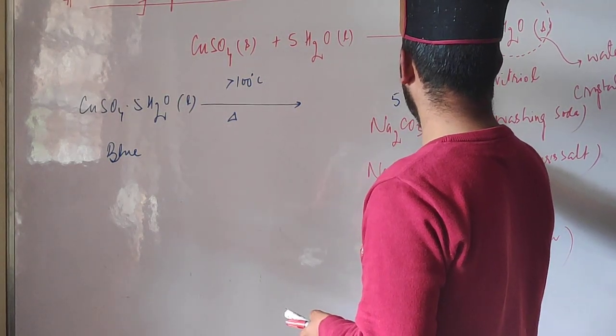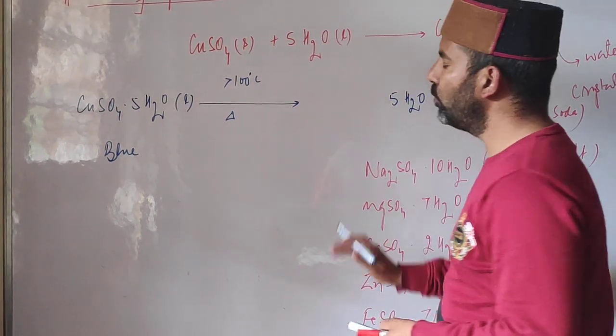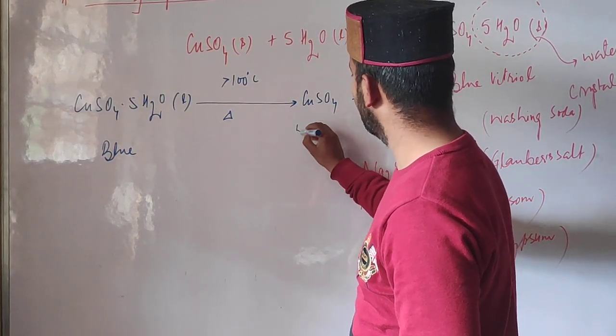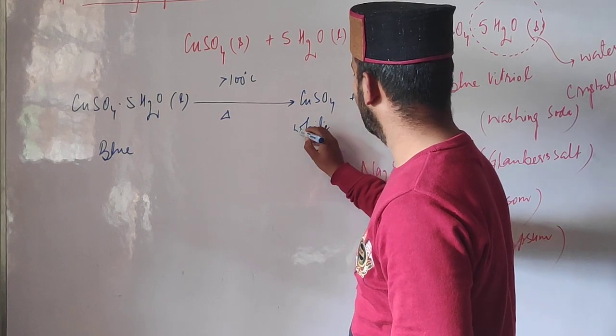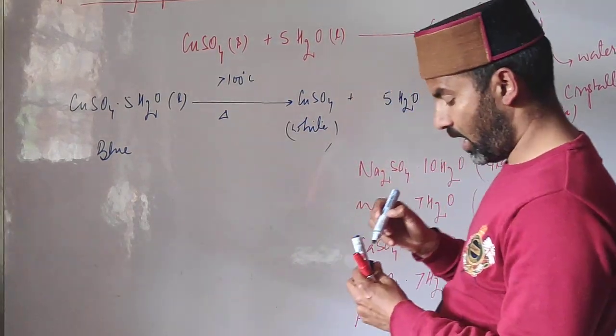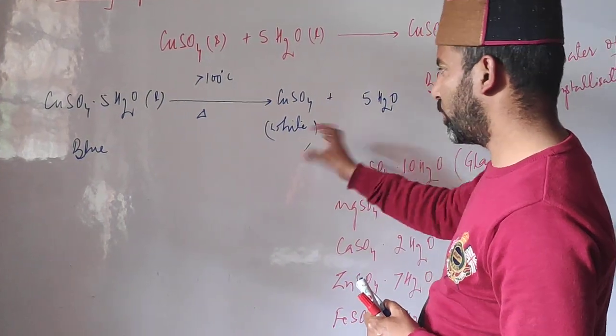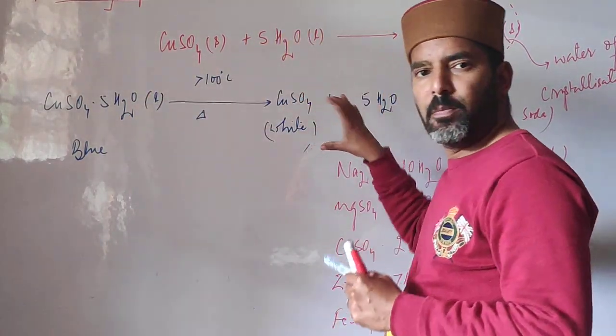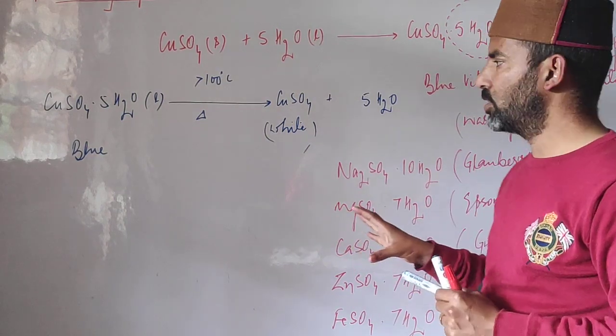The 5 water molecules are removed, and we get anhydrous copper sulfate, which is white in color.